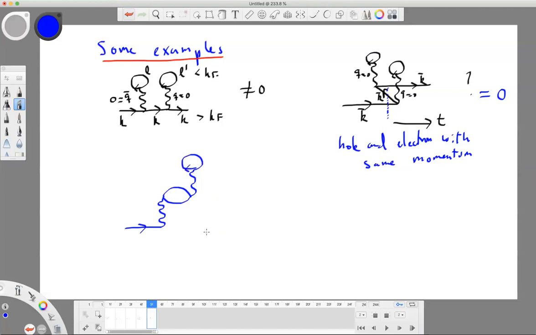Okay. So again, you inject, wait, I'm missing a line here. Okay, so I inject momentum K.